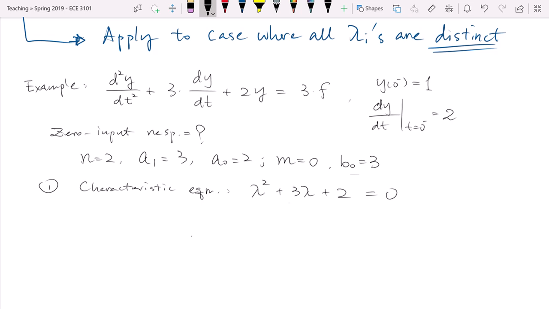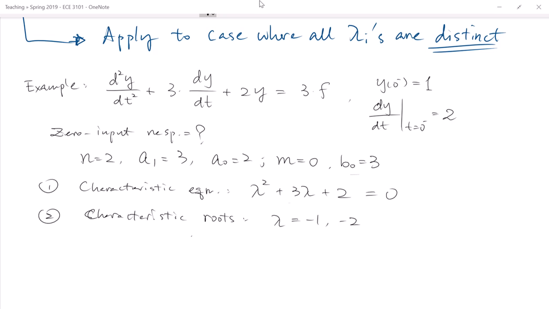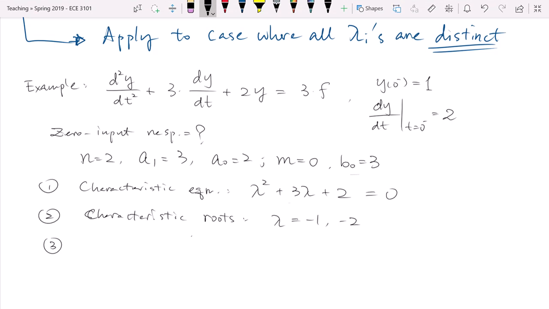Okay, so when you have this, second step, find the characteristic roots, meaning solve the above equation. And solving this will be easy using a calculator, by observation, or by hand. You can find the two roots are lambda 1 and lambda 2. In the third step, since now all roots are distinct, these are distinct roots.